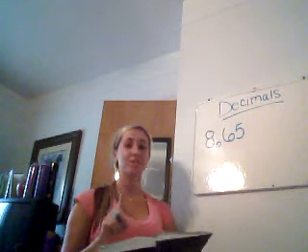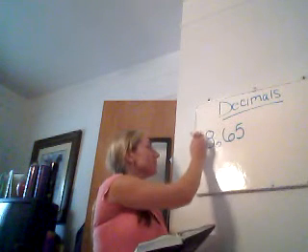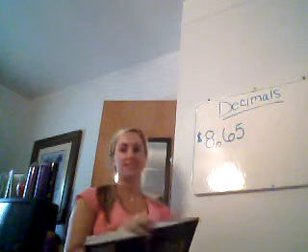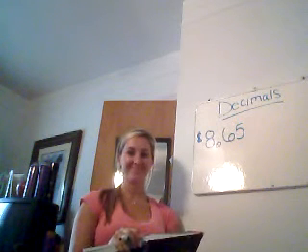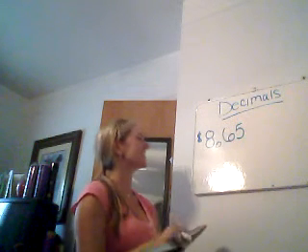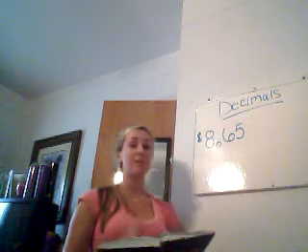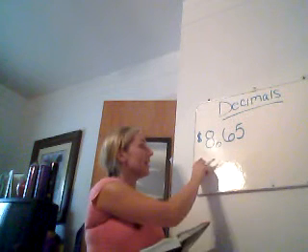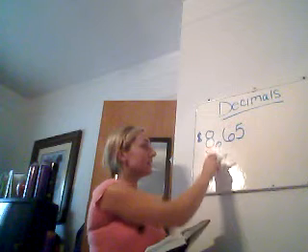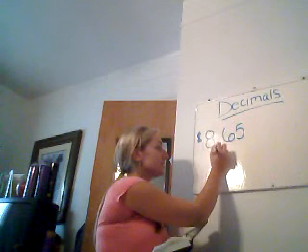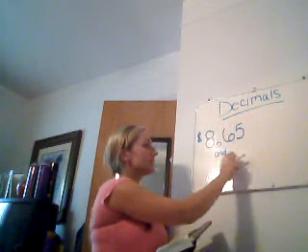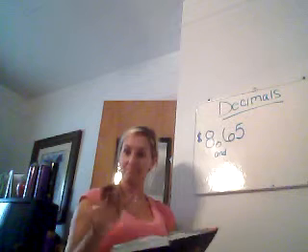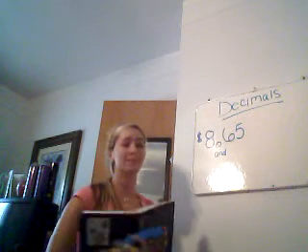Alright, now if I change it into a money sign in front of it, how would we say that? $8.65. Great. Alright, now if we wanted to write them out, we would simply write out $8. The decimal place you would write in 65 cents.